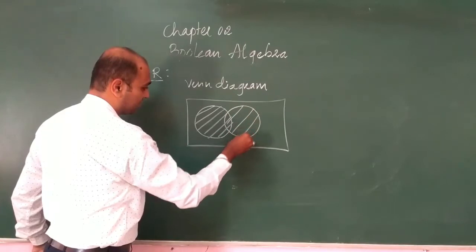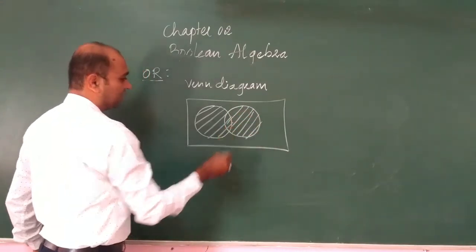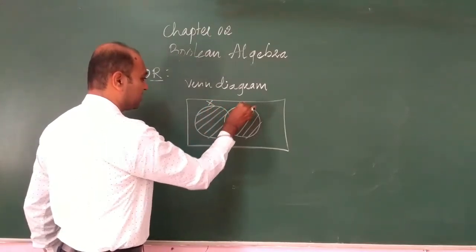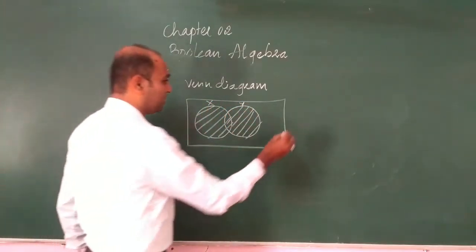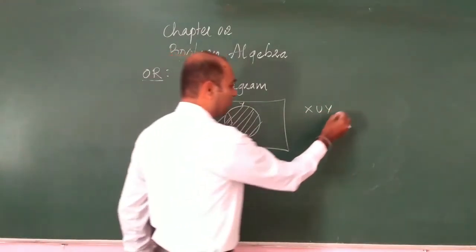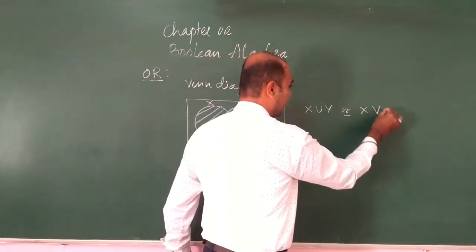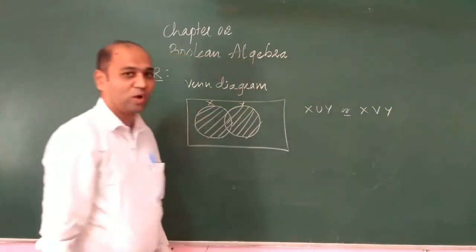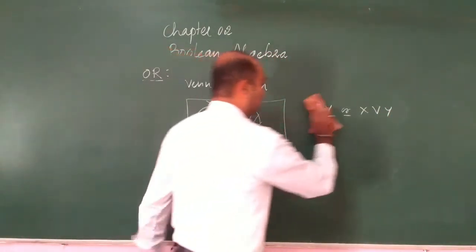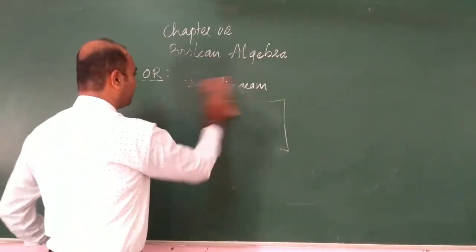Here you can see, this shaded region represents, let me write this as x, y, and here we will say x union y. Otherwise, we can also denote this as x caret y, which represents the OR operation.